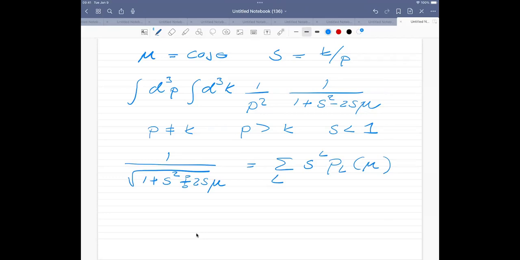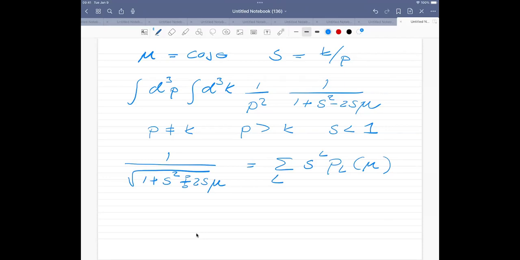So mu is just cosine theta. Have you seen this before? This is one of the ways by which you can express Legendre polynomials. Legendre polynomials are very important polynomials. They are the solutions of a famous differential equation.